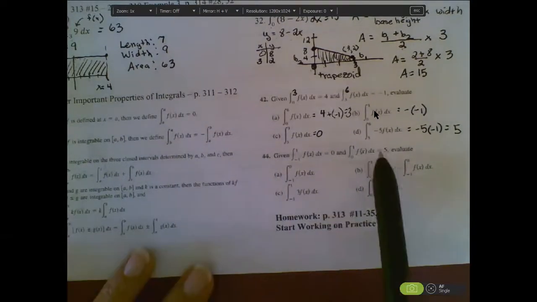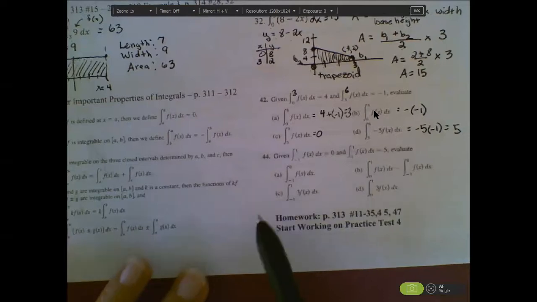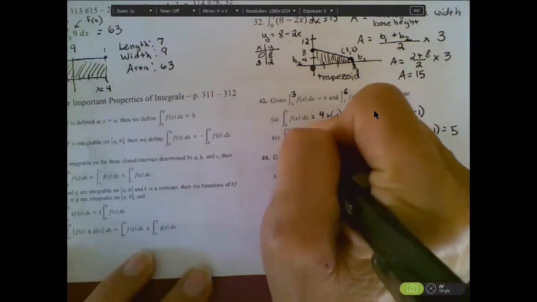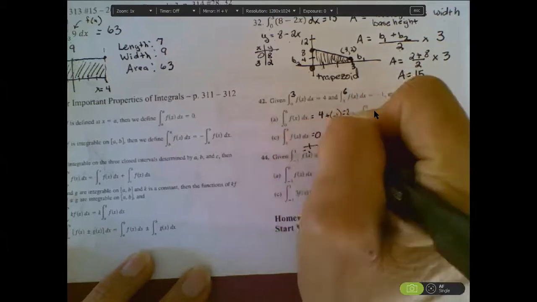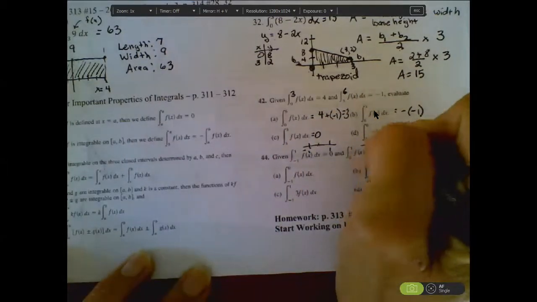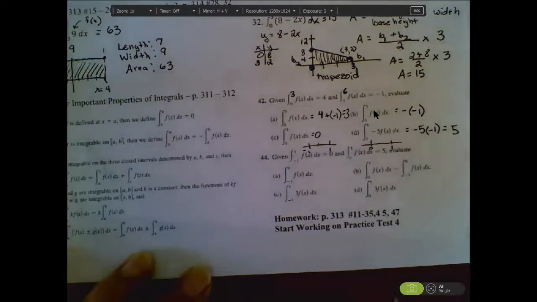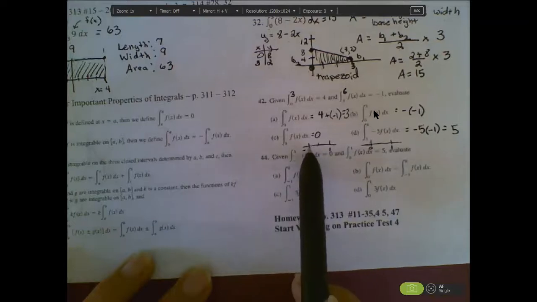How could we use these two values to find that? This one is from -1 to 1, and that one is from 0 to 1. So how would I just find -1 to 0?